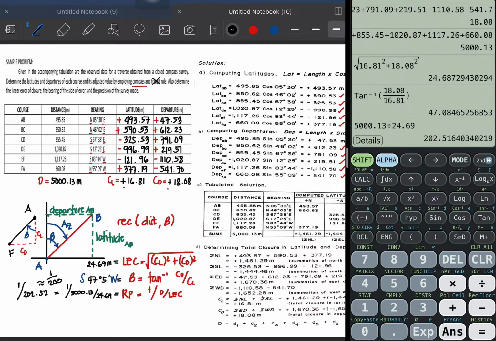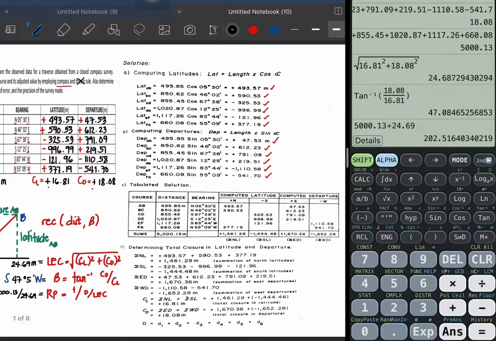So to continue with the solution in the book, you have here the tabulations of northings and southings. So north latitude and south latitude, and then the east departure and west departure. So you have the summation of all the north latitude and the south latitude.